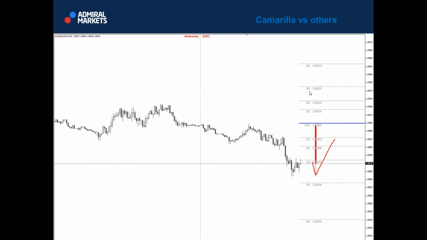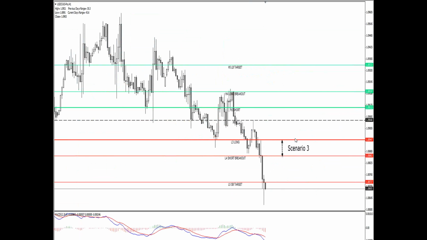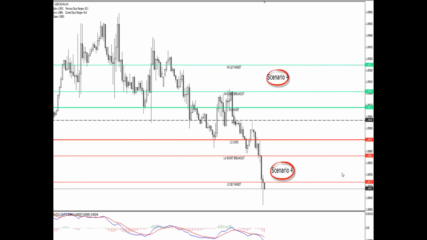Is R2 or R3 more? Which is the most important support? Where will the price go once it breaks through R1? You don't know that. Where will the price go when it breaks S2? It's more simple. By using these 4 scenarios, it's more simple, guys.